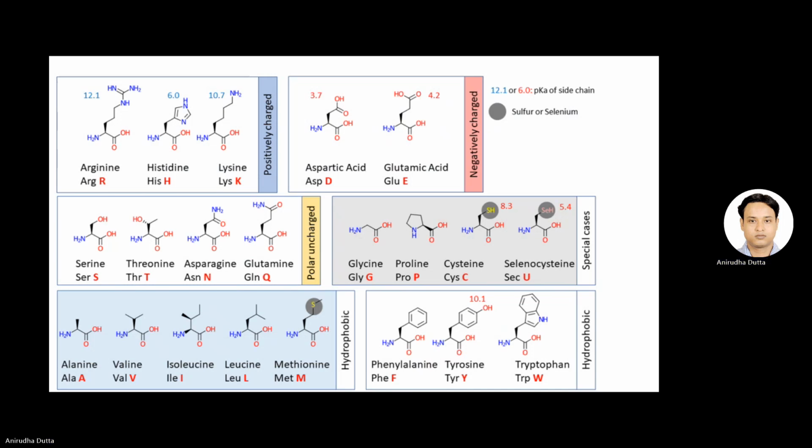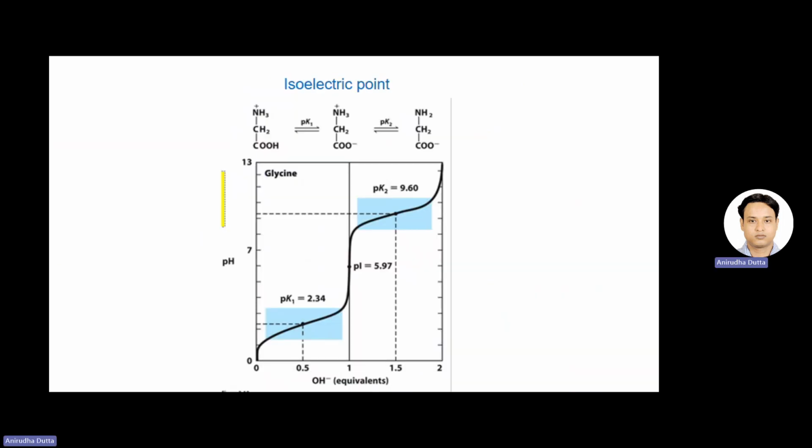One of the characteristics of amino acids, as you all know, is called the isoelectric point. So what is the isoelectric point? The isoelectric point is the pH at which the net charge would be 0.